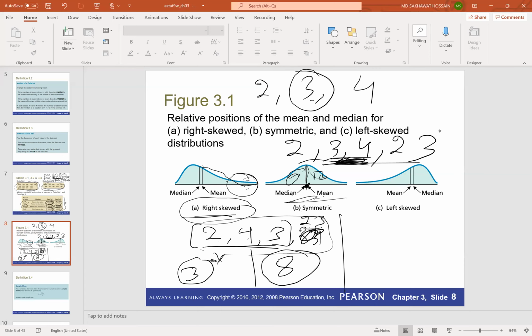And for left-skewed data, the mean will be shifted to the left. We can just consider an example.